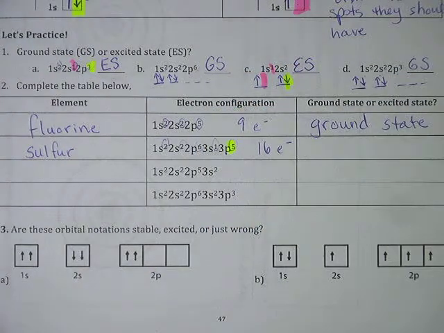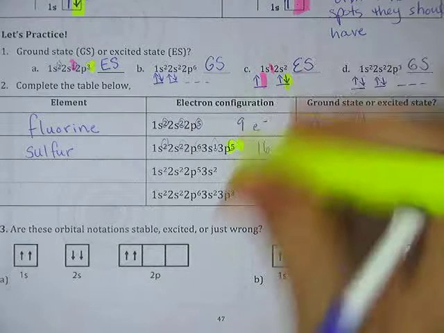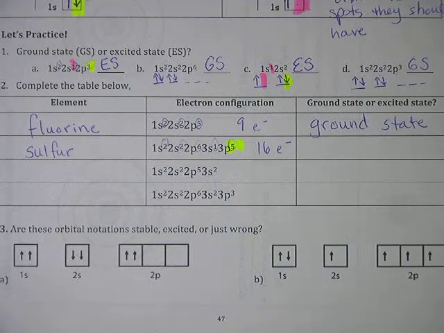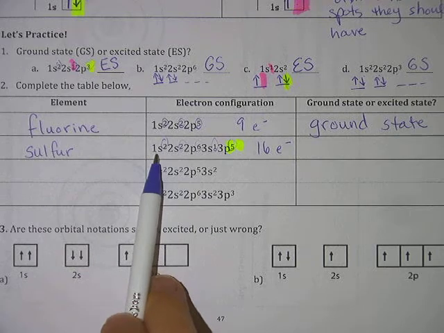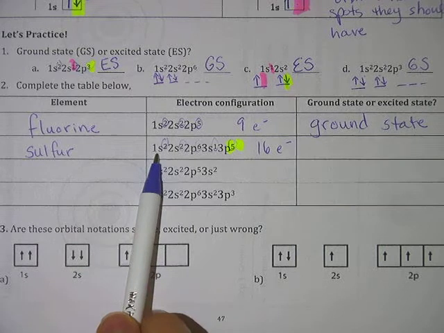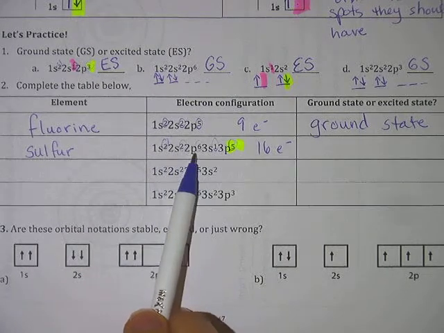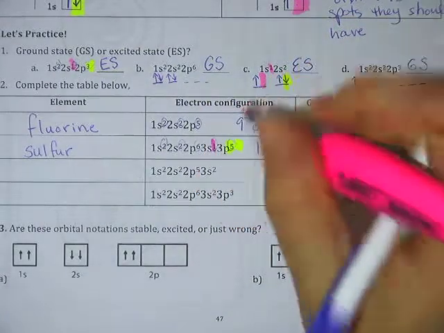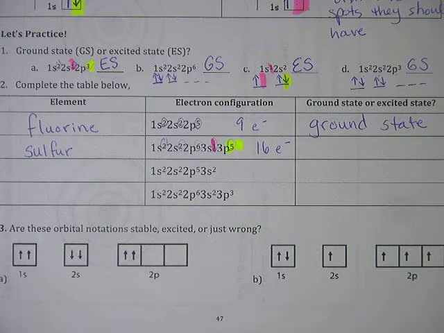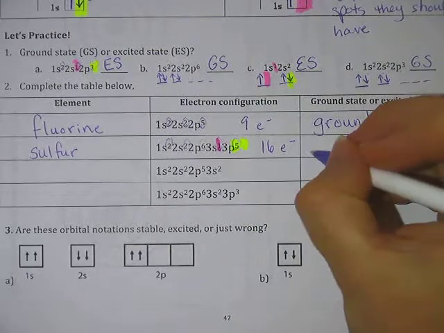One of these 5 in the 3p5 has more energy than it should. And if we go back and look through, is there an orbital section that's not full? Well, 1s2, 2s2, 2p6, 3s1. Oh, there it is. That's one that's not full. That tells me this is excited state.